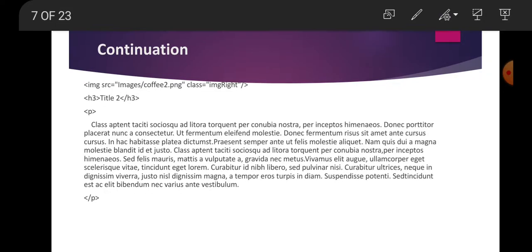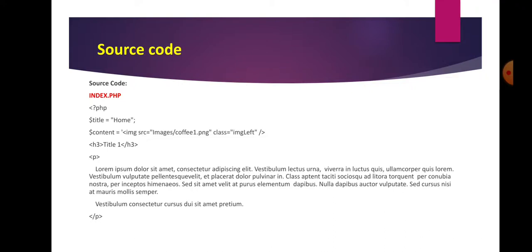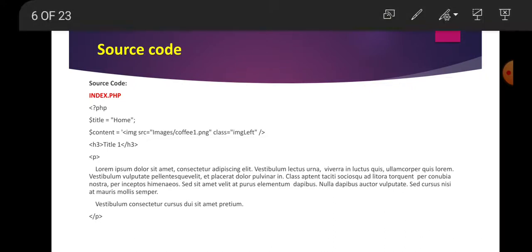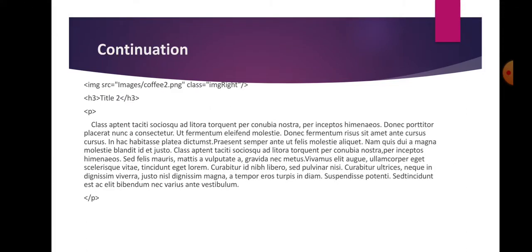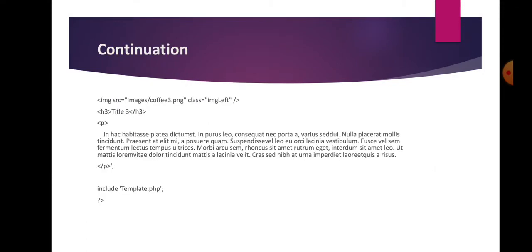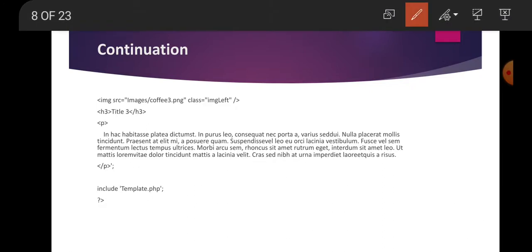So the template files are called in the index.php. Here we see include template.php. The style sheet files are called in the template.php file and the template files are called in the index.php file.